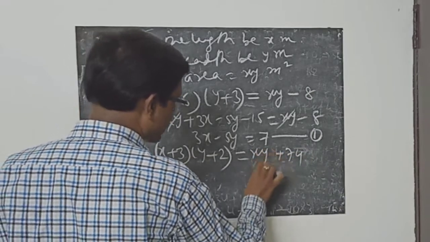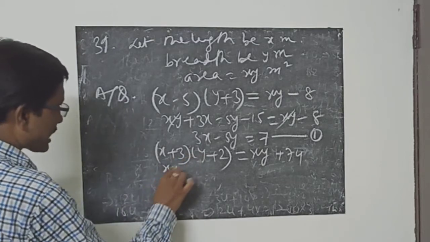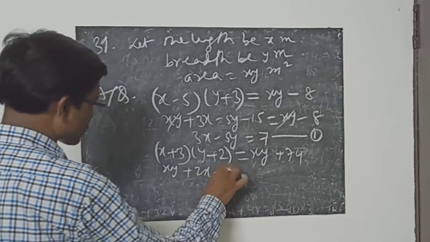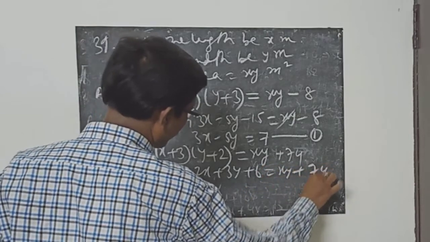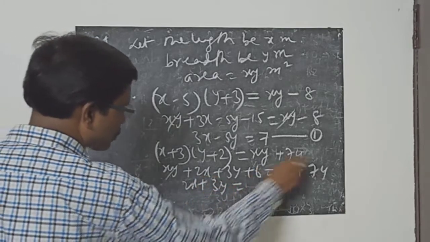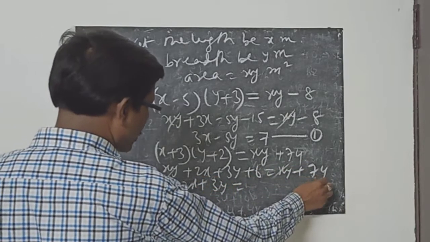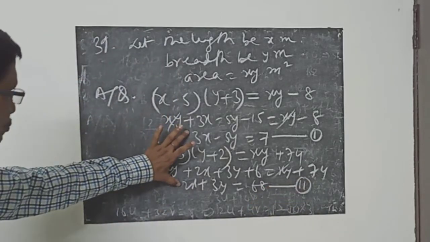Originally it was xy, so now xy plus 74. So here also you will get xy plus 2x plus 3y plus 6 equal to xy plus 74. Again xy will be cancelled. So 2x plus 3y equal to 74 minus 6, that is 68. So two simple equations you got.